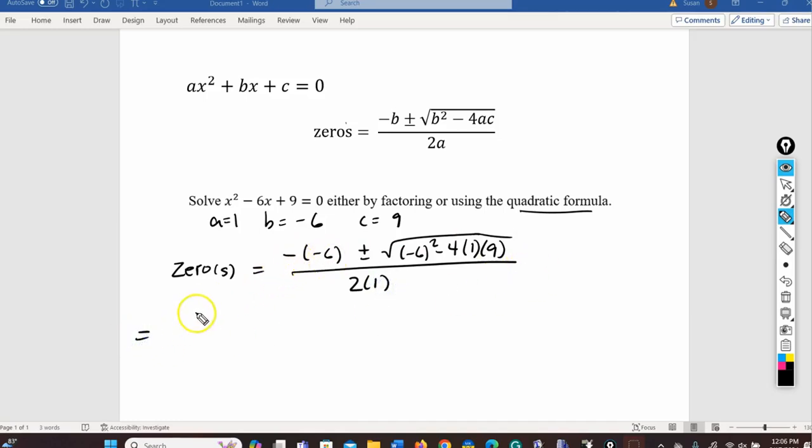The negative of negative 6 is positive 6. Negative 6 all squared is positive 36. Minus 4 times 1 times 9, minus 36.